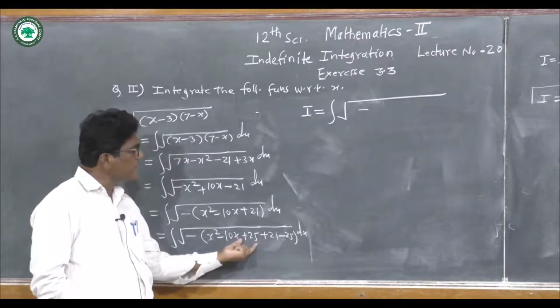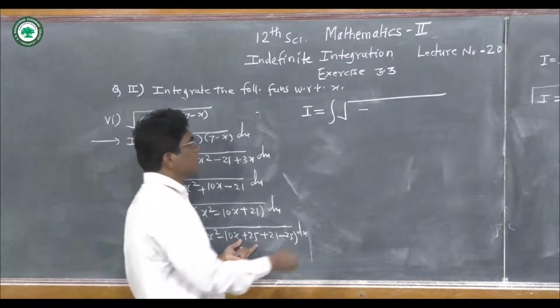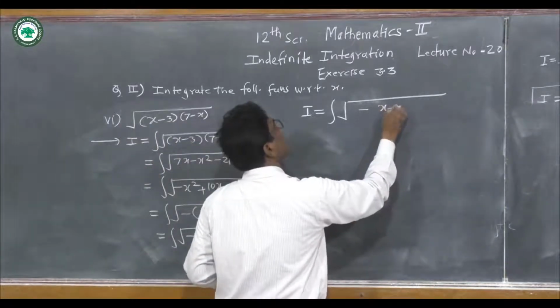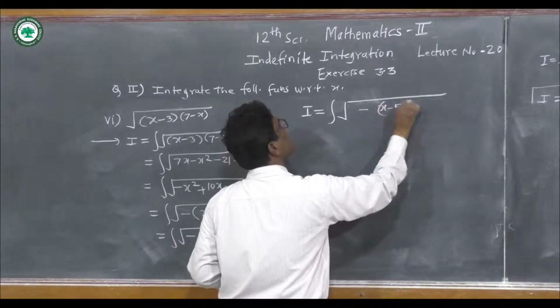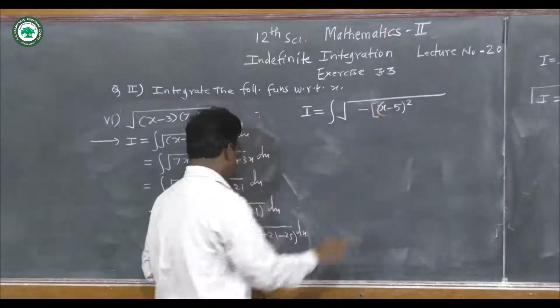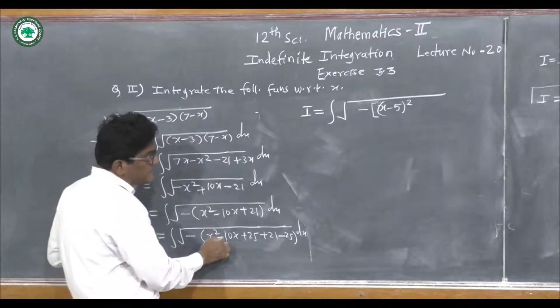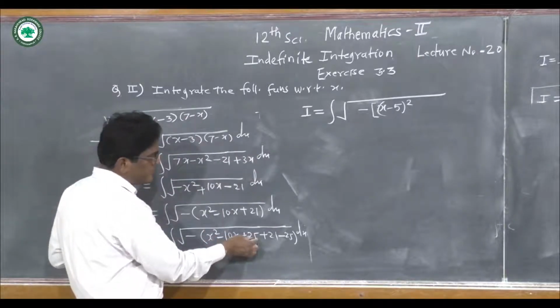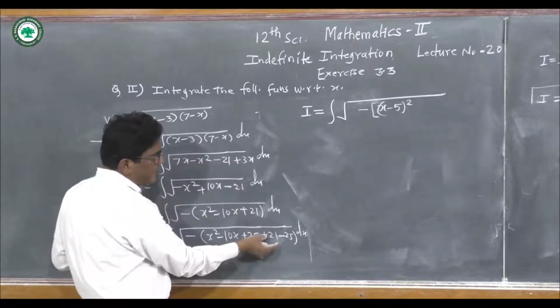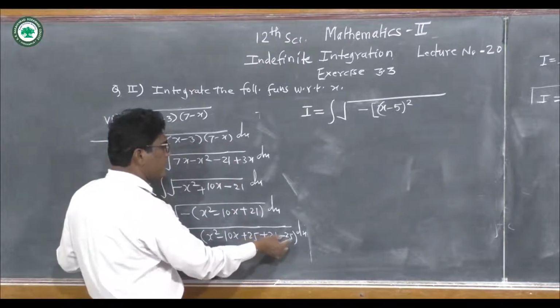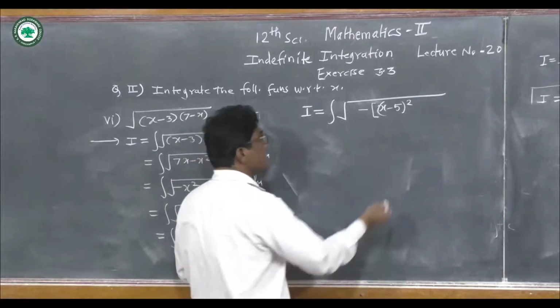So x minus 5 bracket square. Here I take a square bracket. In the square bracket, this is x minus 5 bracket square, and plus this 21 and minus 25, that is minus 4.